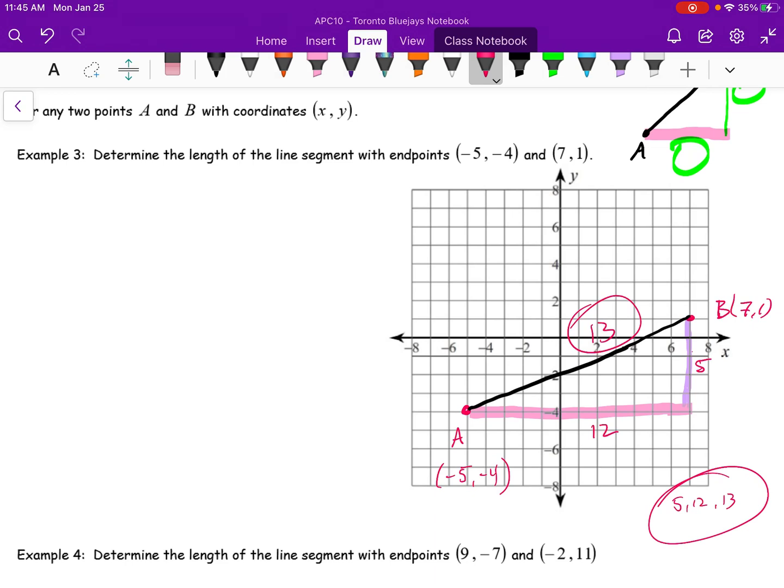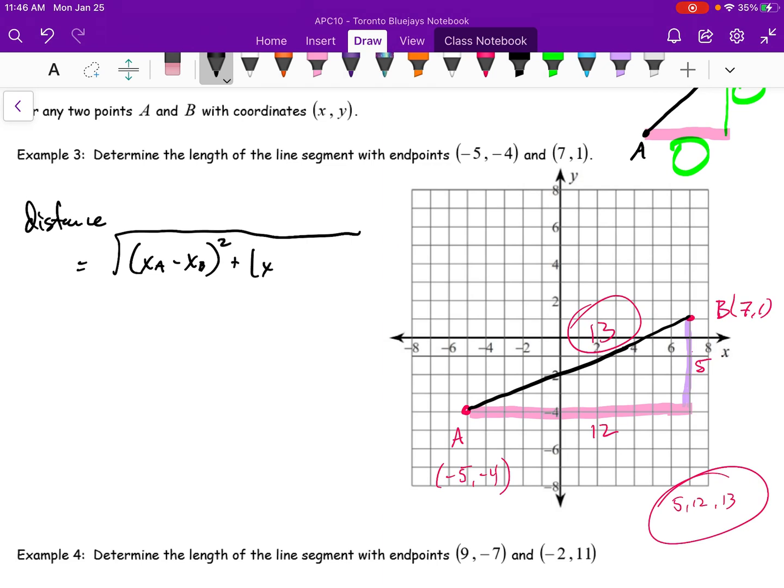All right. But instead, I'm going to use my brand new formula, the distance. The distance is equal to the square root of (xa minus xb) squared plus (ya minus yb) squared. I would encourage you to write down these formulas somewhere so you always have them on hand.